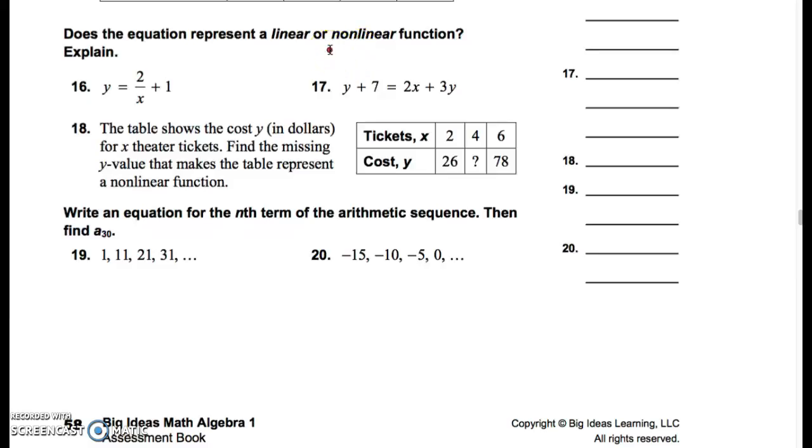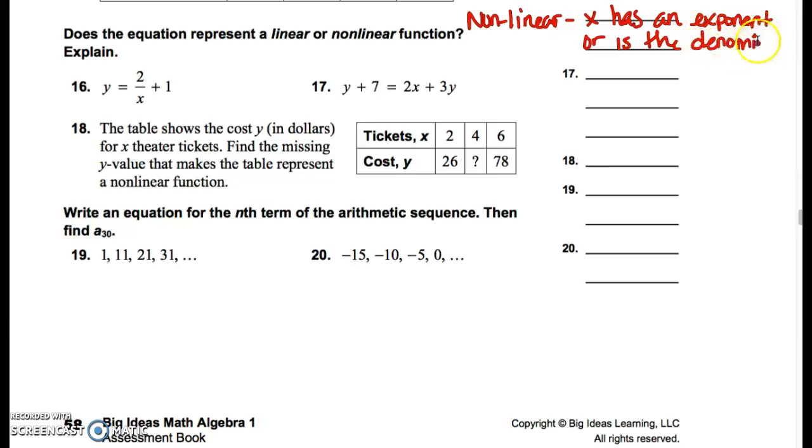For it to be non-linear, your x will have an exponent, and I want you to write this down so you have this note. X has an exponent, or is the denominator of a fraction.